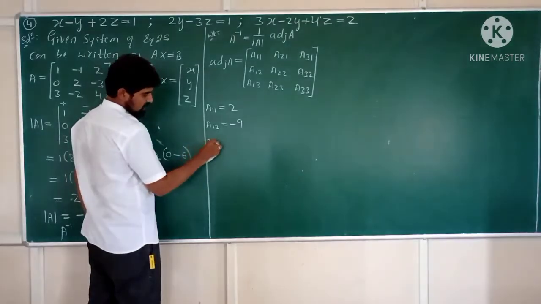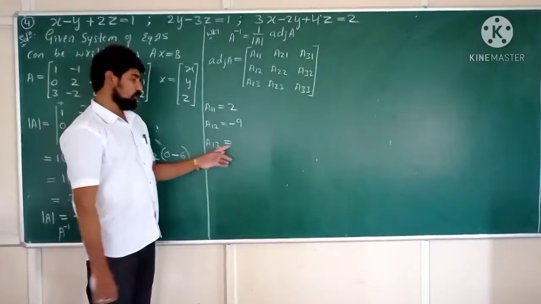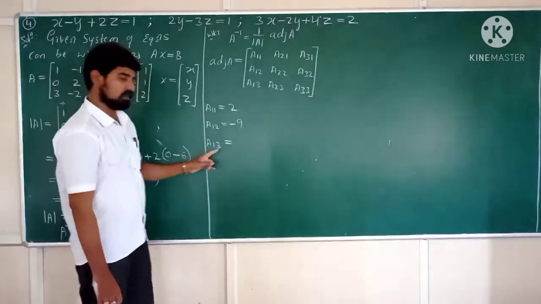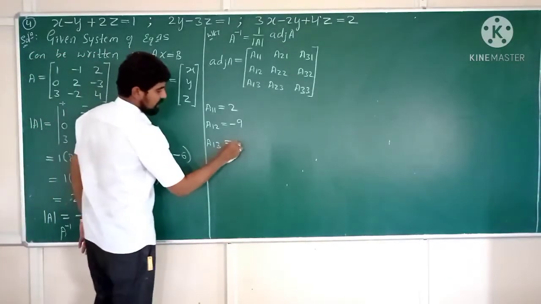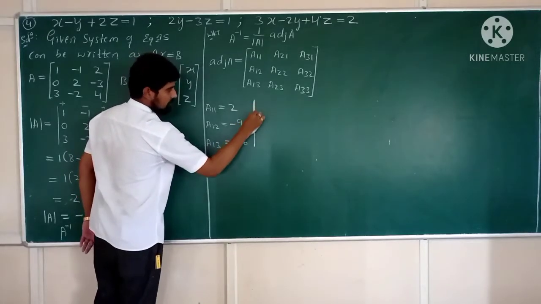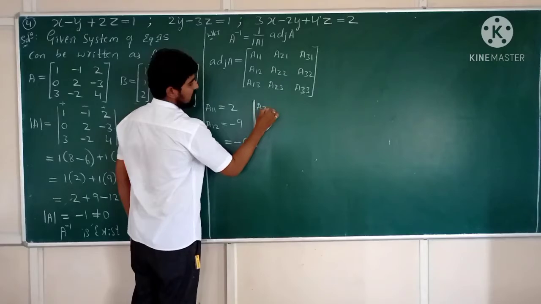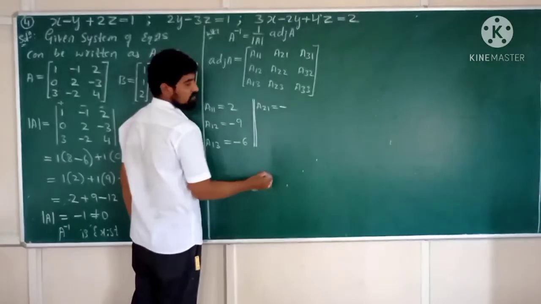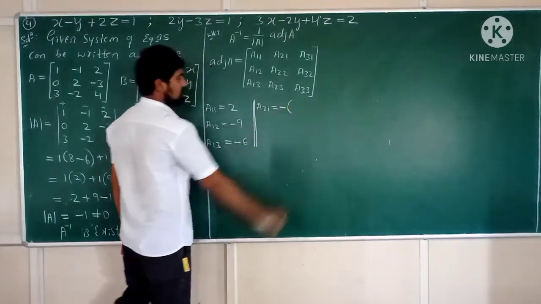And next, A13. 1 plus 3 is even, no need to multiply by minus, and it is obtained by deleting the first row, third column, which is equal to 0 minus 6, which is -6. So next, the value of A21. 2 plus 1 is odd, we need to multiply by minus, and it is obtained by deleting the second row, first column.